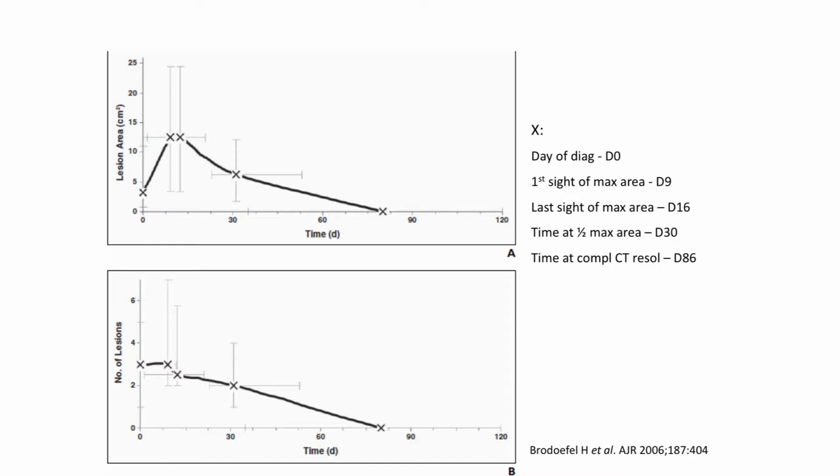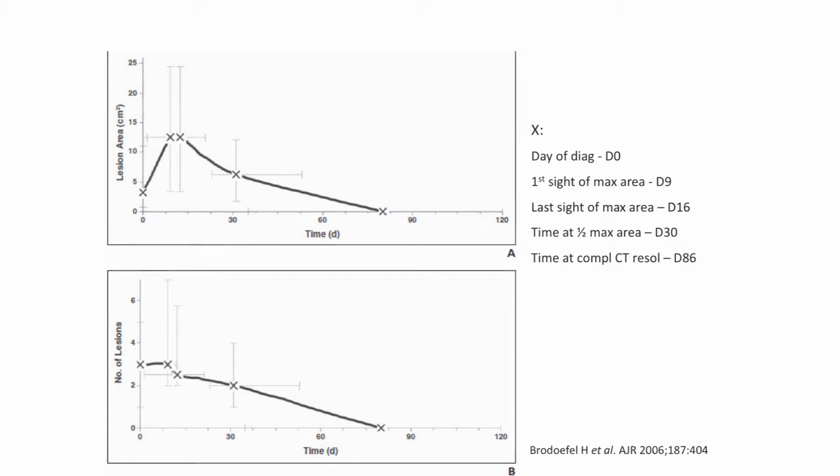On the first day, it will take a week before it reaches maximum size, and it will stay at maximum size for about a week before it starts to reduce in size again. And it will take close to 90 days before there is CT resolution. So if you're treating your patient, an increase in size doesn't mean treatment is failing.